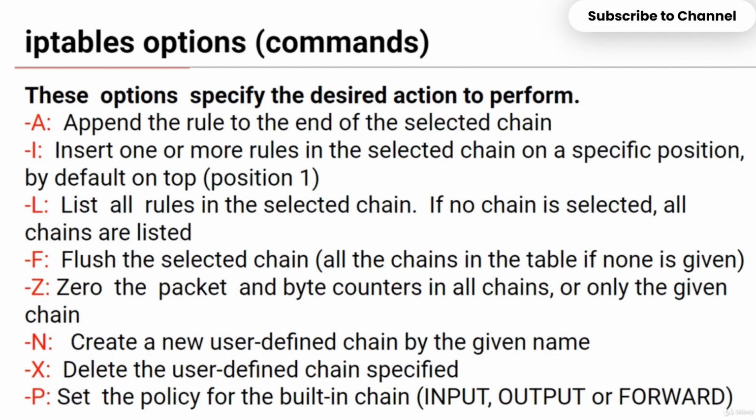Let's see what options are available. -A means append the rule to the end of the selected chain. Let's look at an example. I'll append a rule to the input chain that drops incoming traffic to port 25. So SMTP traffic.